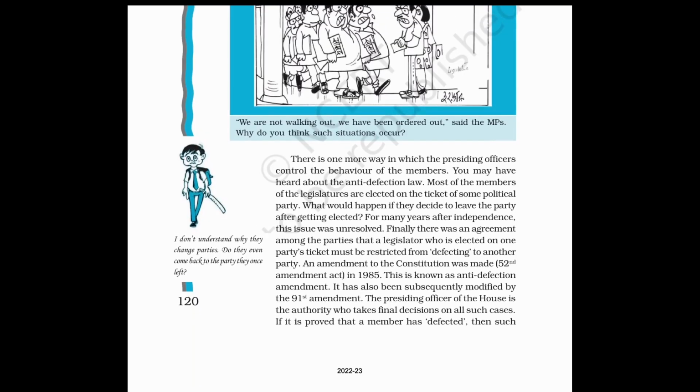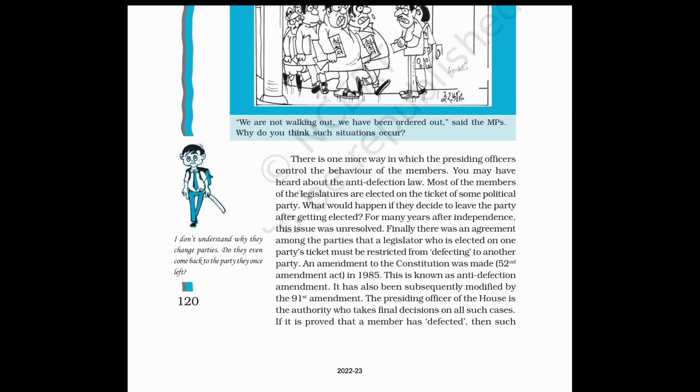Also, there is another mechanism, the anti-defection law. It is actually a very broad term, because it is the 10th schedule of the constitution, which we will discuss; we have a chapter on it in detail, so हम इस पे बात करेंगे.